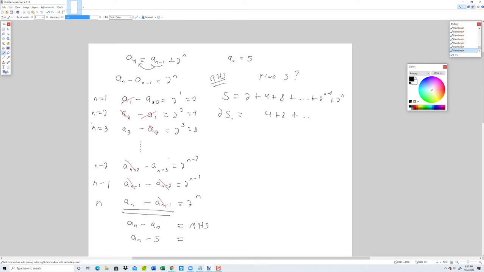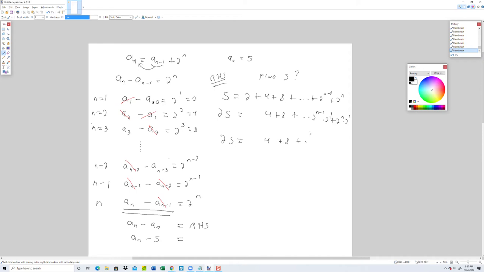Okay, and so then this one, when I multiply everything by 2 and shift it, 2 times this would be 2 to the first times this. I'll show the steps. And I multiply that by 2 to the first. So I get 2S equals 4 plus 8 plus, 2 to the power times 2 to the power, you add the exponents.